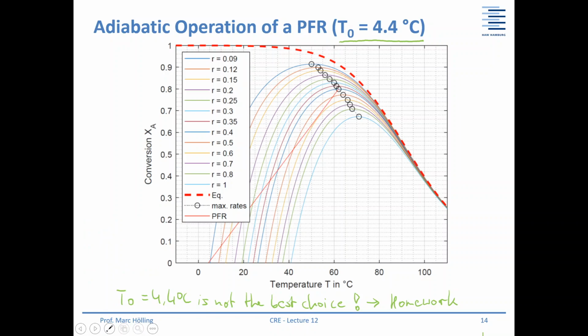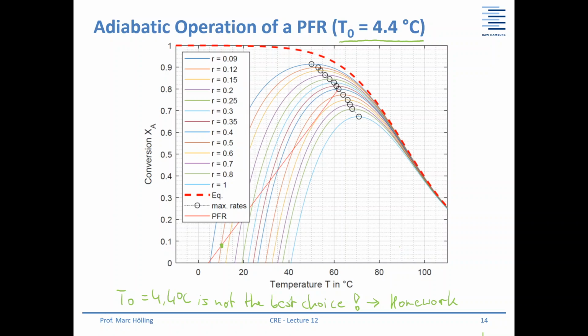So for example here you can say, okay, let's say at this point, for a temperature of, what is it, 10 degrees Celsius, I have a reaction rate inside the reactor of 0.12, and I have a conversion of 8%.